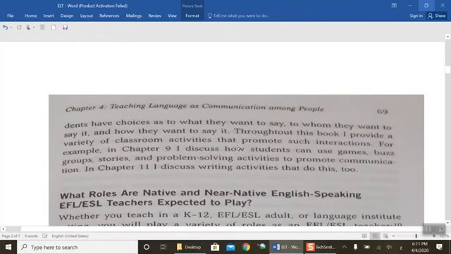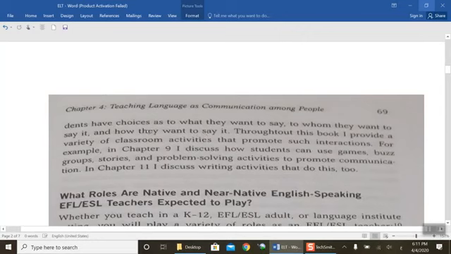Choices as to what they want to say. What do you want to say? As you like. You can read sources, and it's up to you whether you want to give your opinion about this point in different ways. You can write about this point, for example, A, or you can choose no, A is not suitable. You can go to B or C or D. So you have more than one way to express, to say something.